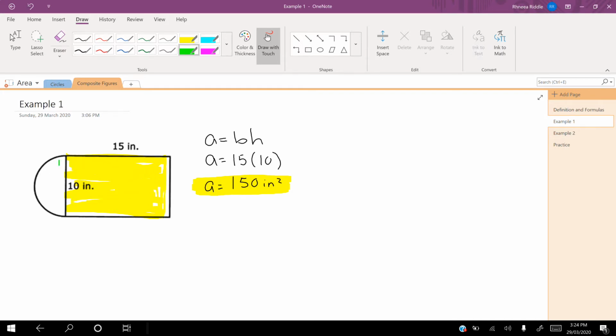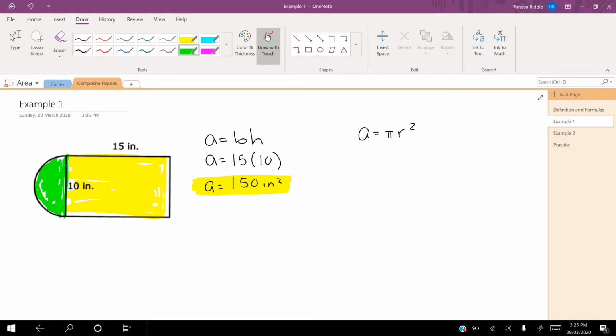But we also have to figure out the area of the circle portion of our composite figure. So this green portion I've just highlighted here. So if you remember that circles have an area of pi r squared. Now here's the thing. To find the radius, we have to take half of this diameter, this 10 portion here.